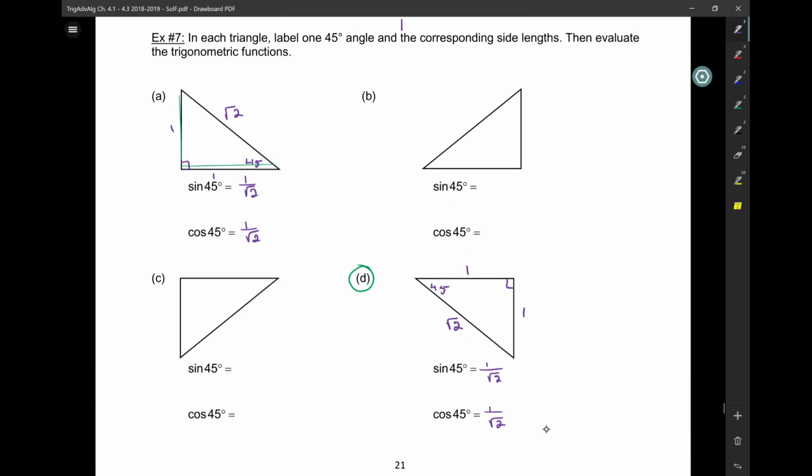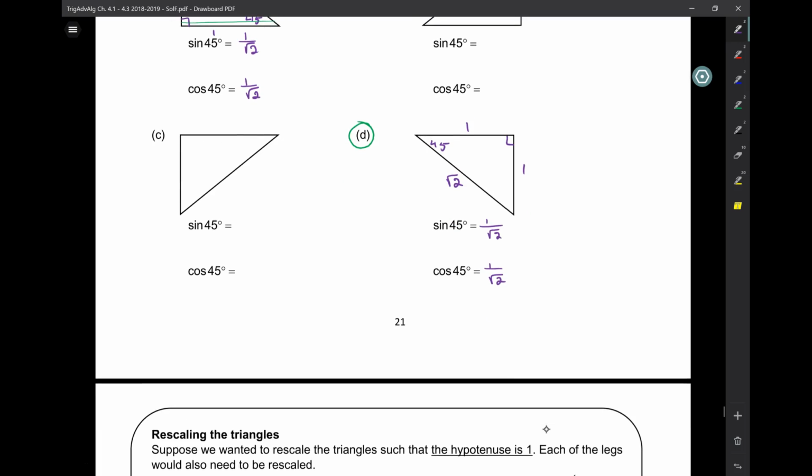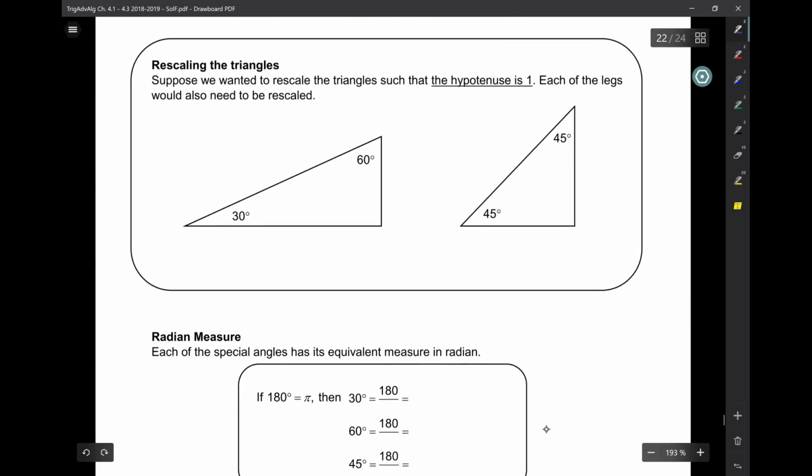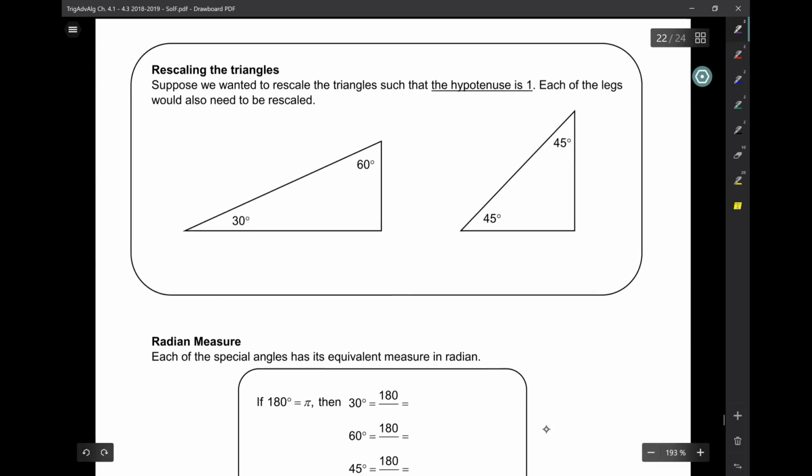Okay. This is all nice and cute, but suppose we wanted to rescale the triangles so that the hypotenuse is always 1.